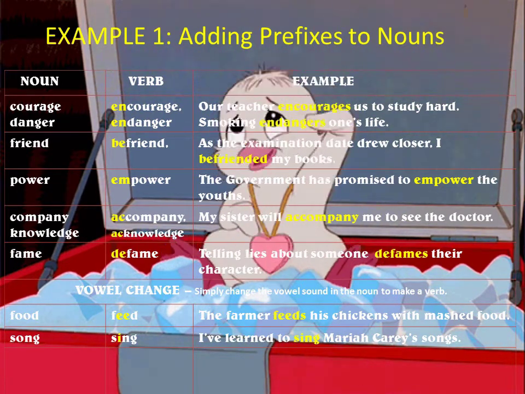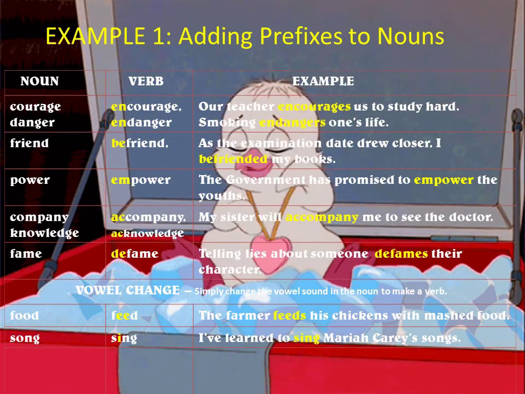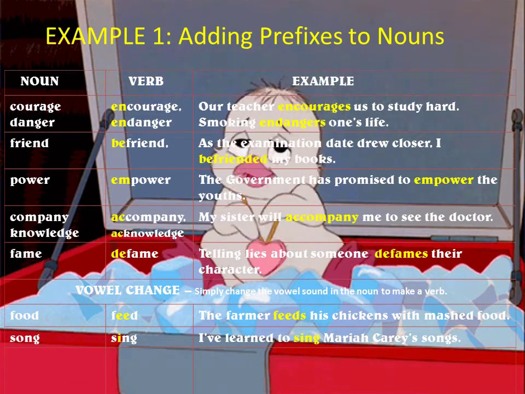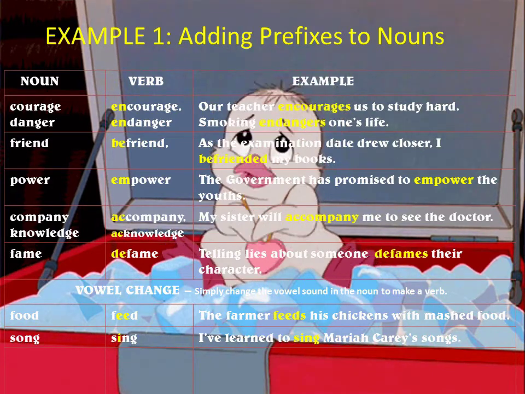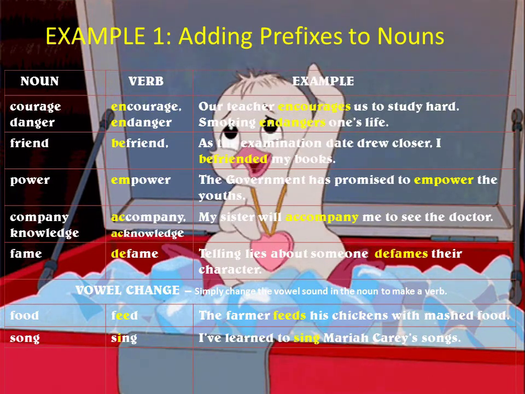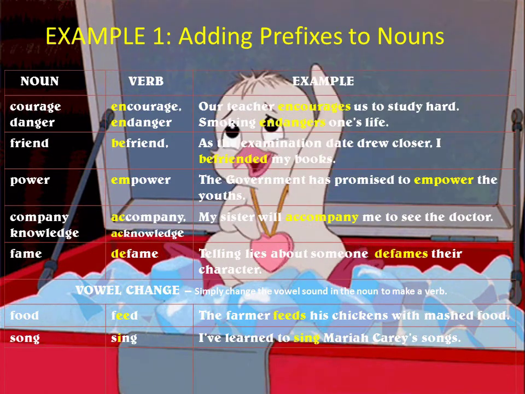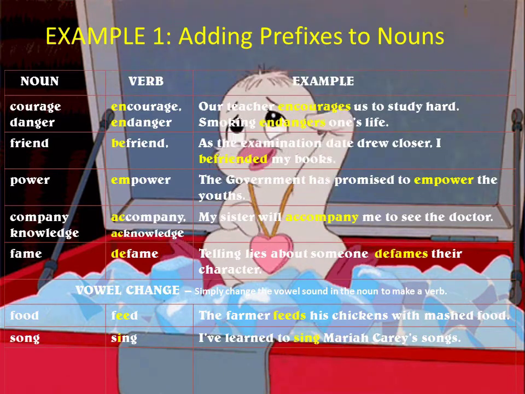So let's say courage and danger are things. Now, how do I make them become verbs? I simply add the prefix en. And what has happened? Courage becomes encourage, whereas danger becomes endanger.